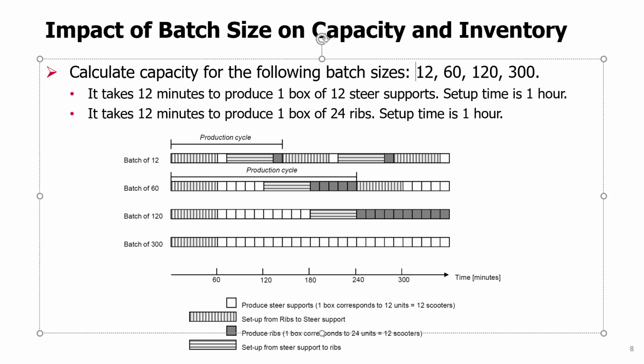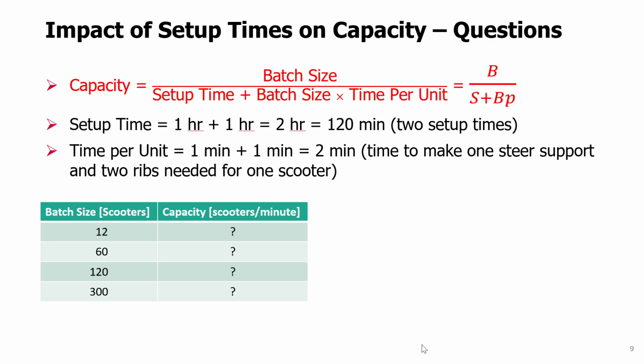So if we want to calculate the capacity that depends on batch size, we can use this formula. This formula basically says capacity is the number of units in what time, so it's always units per time. This is the normal unit of capacity.